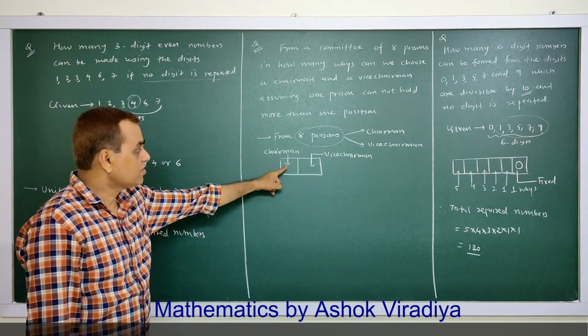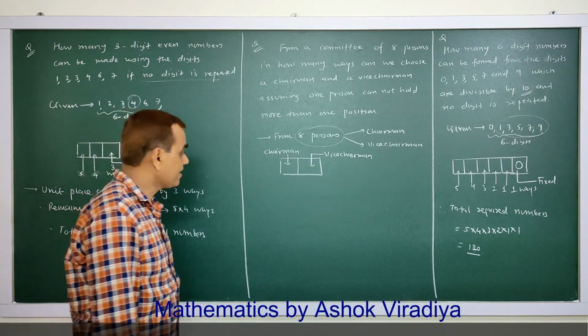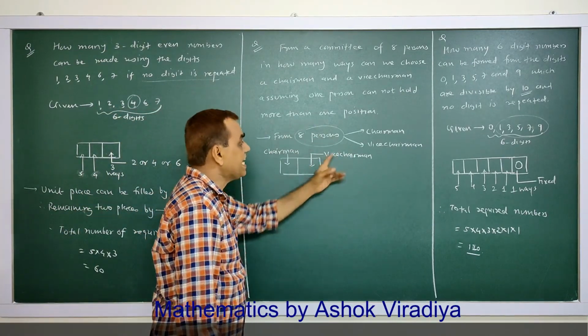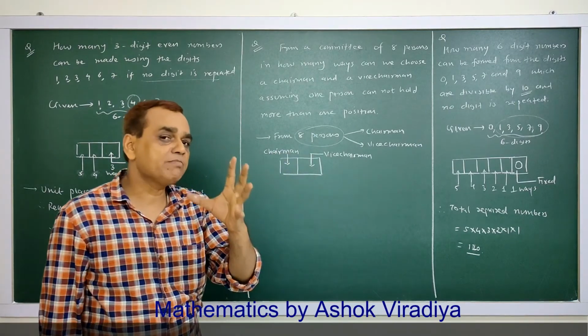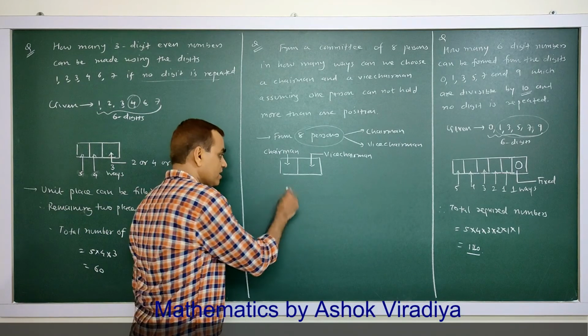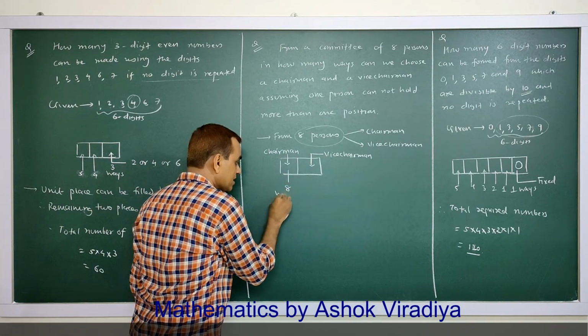Now, selection of the chairman can be done from 8 persons, any person can be selected. So this selection is by 8 ways.